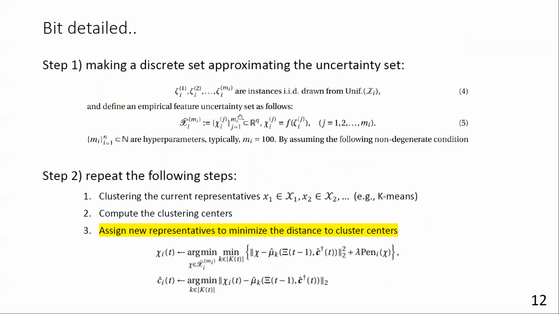Okay, and then in the second step, we repeat these three steps. We first initialize the feature representatives. Then we apply a clustering algorithm to the current representatives. Then we compute clustering centers and assign new feature representatives to minimize the minimum distance from the uncertainty set to the cluster centers. So this is the GOC algorithm.